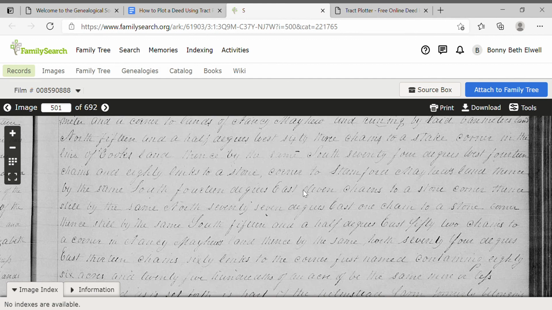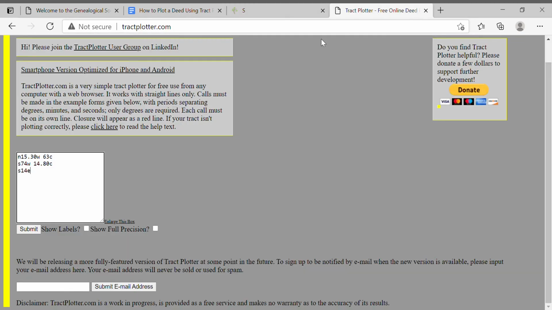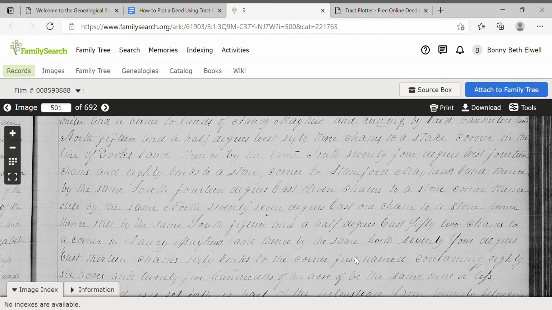How far? 11 chains. So we're going to hit a space to separate our direction from our distance and enter 11C for 11 chains. And then enter onto the next line. 11 chains to a stone corner.